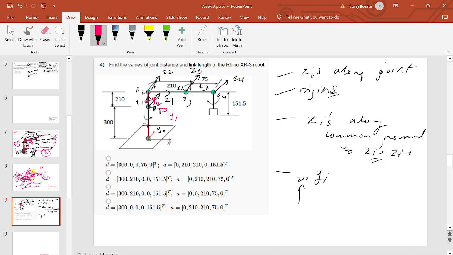Okay, X3, Y3 will be like this. For the last frame we just copy the axes, and here we will have an X4, and Y4 in this direction. And now we will fill in the DH table.